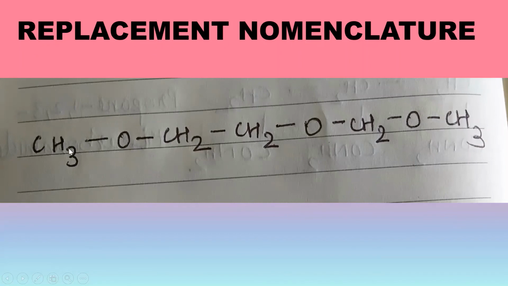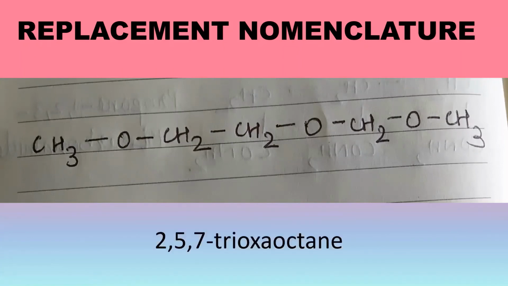So here if you observe, if I start numbering from left to right, I get the numbers 1, 2, 3, 4, 5, 6, 7, 8. And the prefix oxa is included in the name along with the position of the oxygen in the chain. You all are aware of the fact.